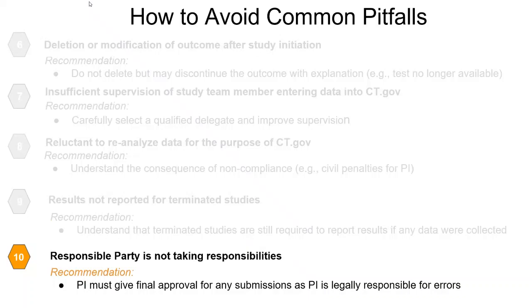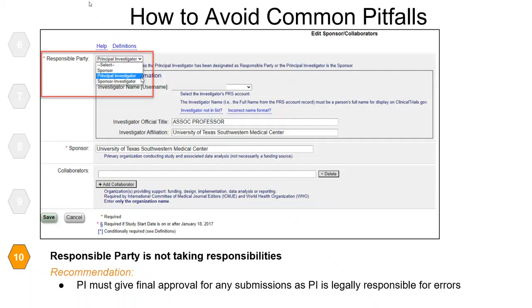The last observation that I would like to talk about today is responsible party not taking responsibilities. We have observed that for some of the records in the past, the study team member who is the record owner has been releasing the record. But the system does not have any option to list anybody other than the sponsor or sponsor investigator or the PI as the responsible party in order to release the record.